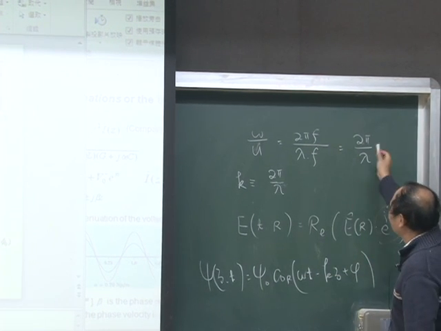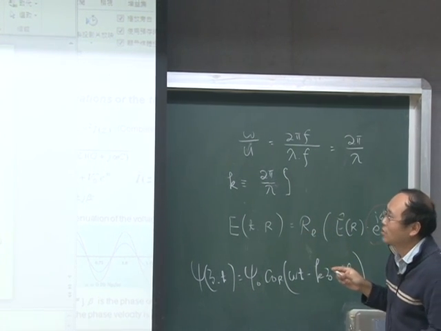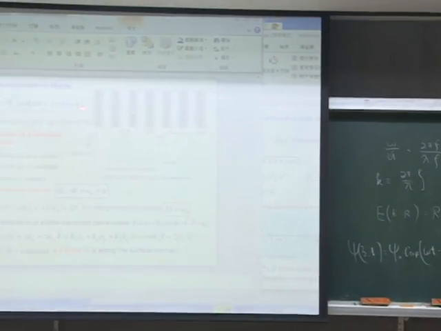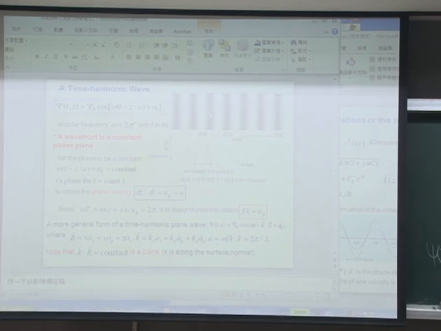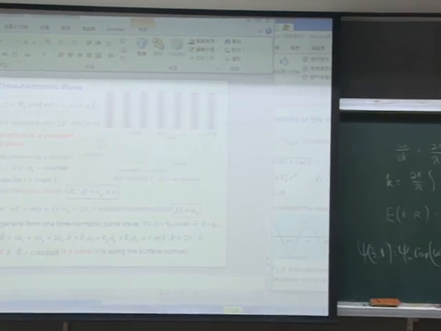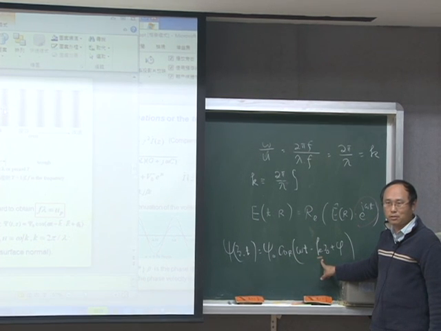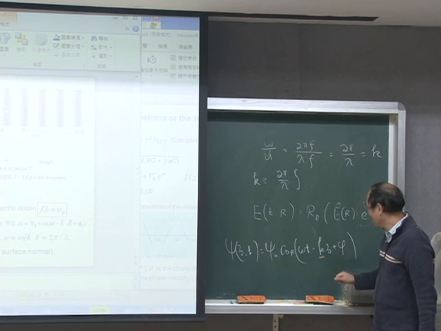I told you that we have a definition of k like this, right? So this omega over u is equal to k. So we can safely say that the solution is like this. Okay.